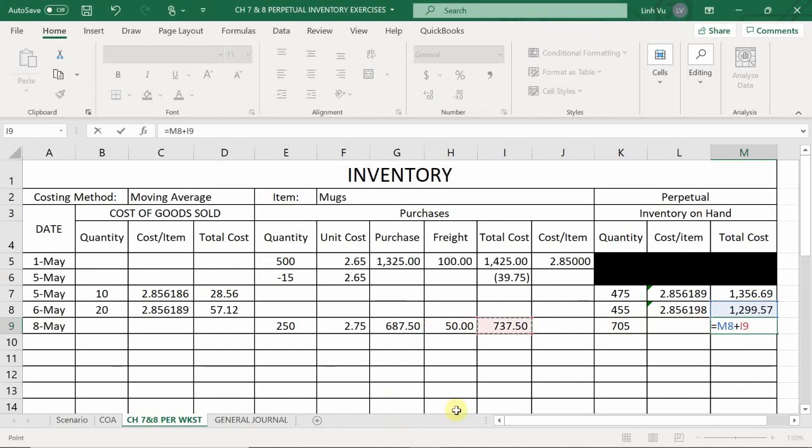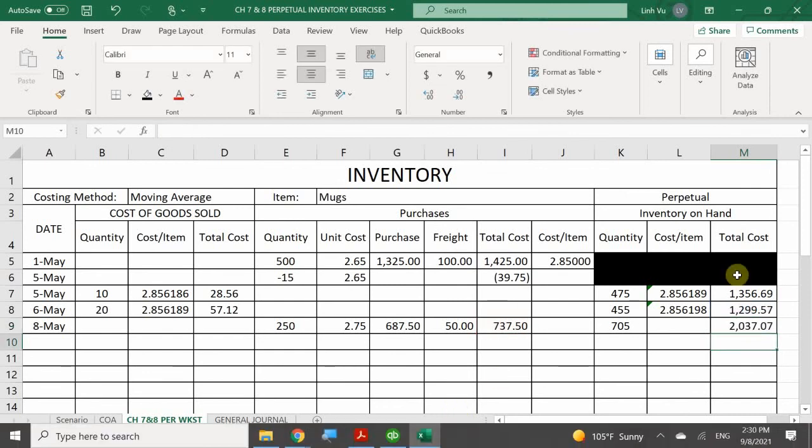If I started with 455 items and I just purchased an additional 250, I should get a total of 705. If I started out with $1299.57 and I added an additional $737.50, how much do I end up with? What's my ending total? 2037.07. Good.